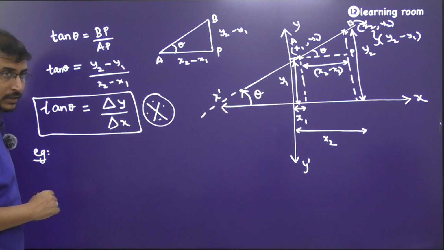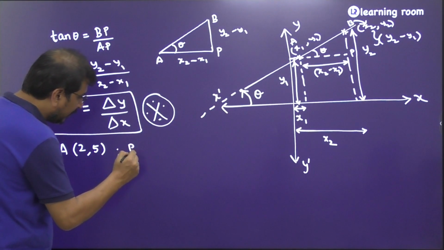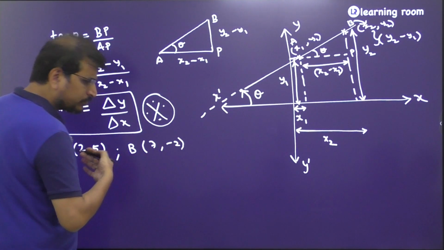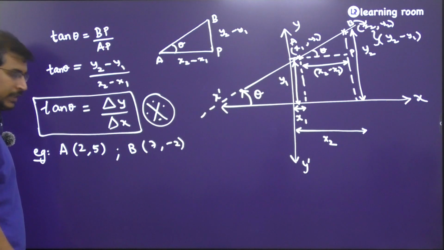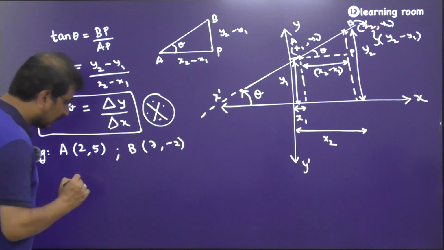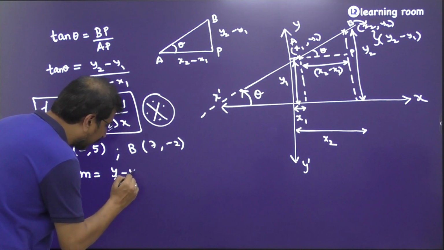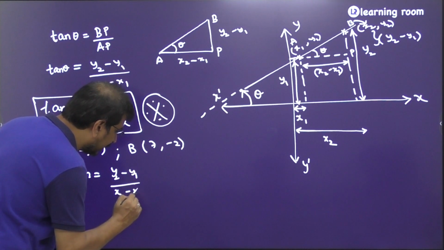See, example. Suppose I give you 2 points, A (2, 5) and B (7, minus 2). Okay, some random points. There is a line passing through these 2 points, and I ask you what is the slope of this. So m will be equal to, what will you write? y2 minus y1 divided by x2 minus x1.